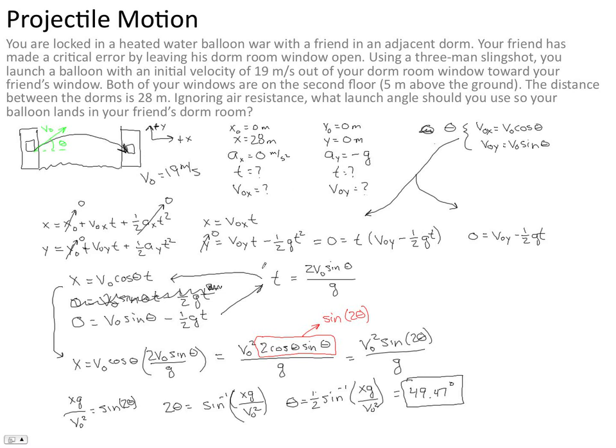And you're probably aware from your experience that when you're firing a projectile, you can make it go the furthest if the launch angle is 45 degrees. We just solved this problem and discovered that if we launch the balloon at 49.47 degrees, it will travel to 28 meters across the quad, landing in your friend's dorm room, making all of his physics homework soaking wet.